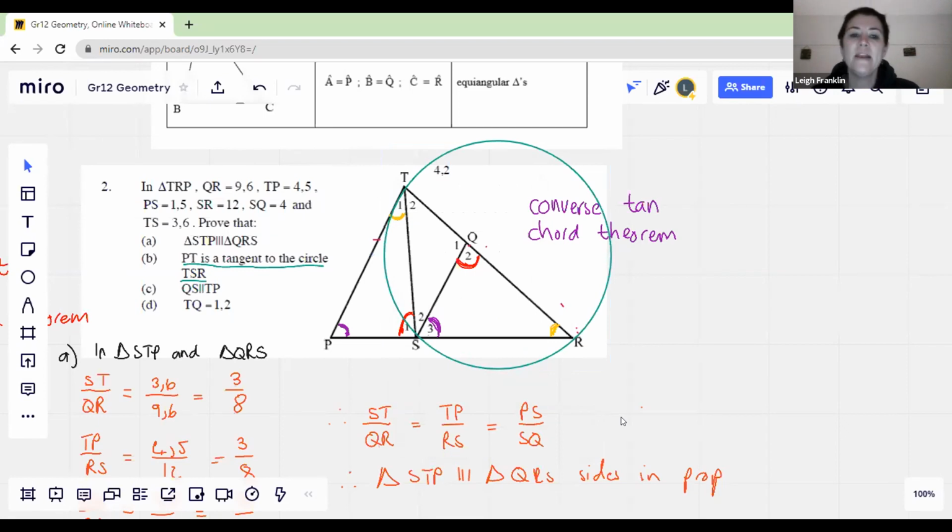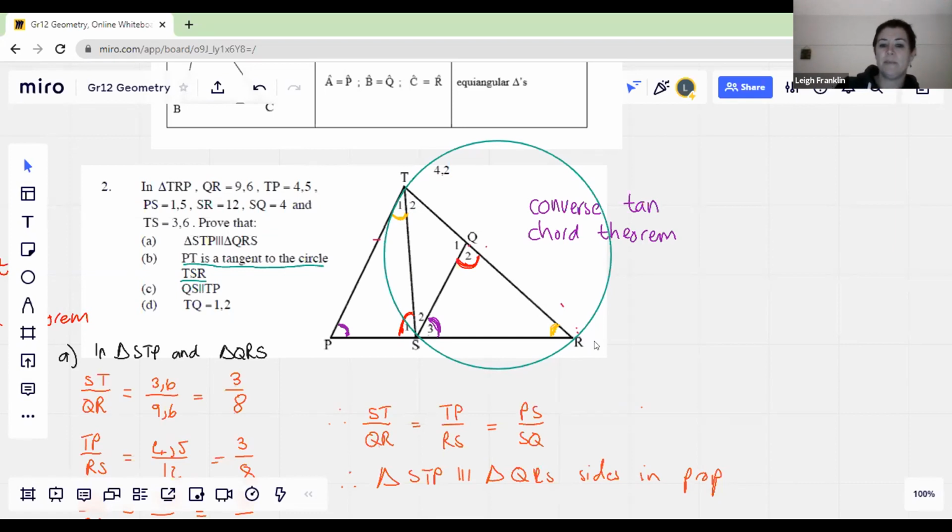All right. The line that we are trying to prove is a tangent to the circle is this line over here, PT. If PT is a tangent to the circle, we need to prove that the angle between the tangent and the chord, in this case angle T1, is equal to the angle in the alternate segment. Now can you see from similarity, we proved angle T1 equals angle R, didn't we?